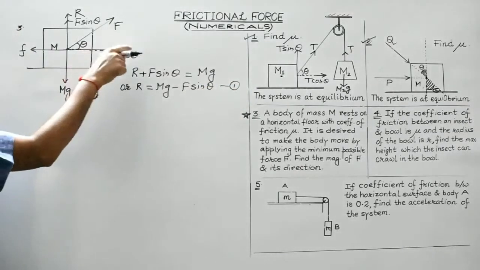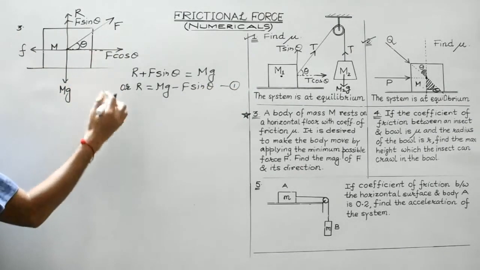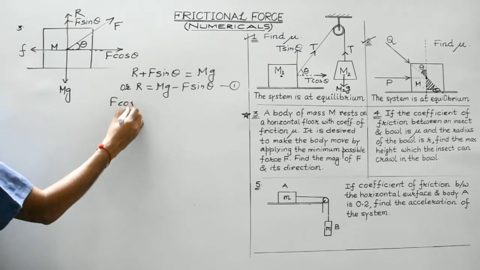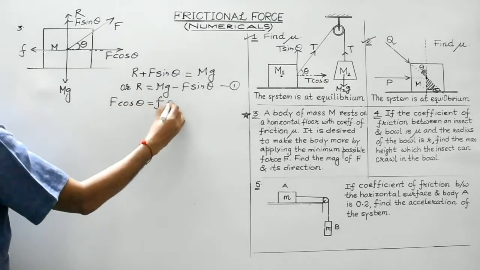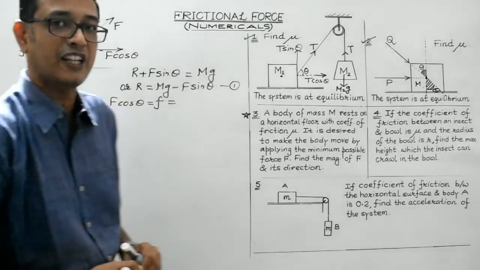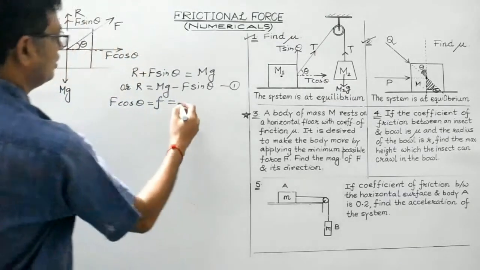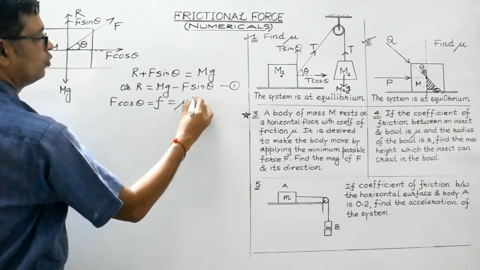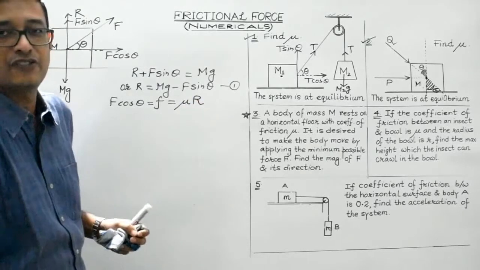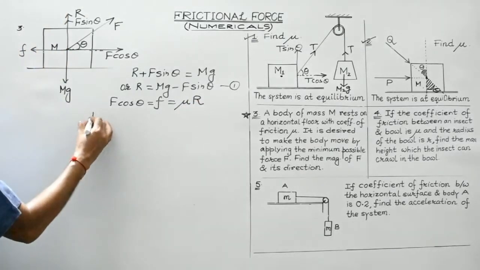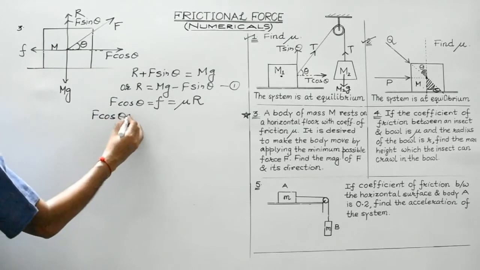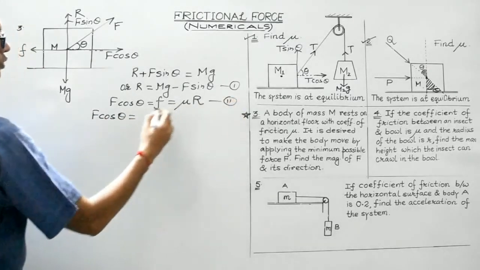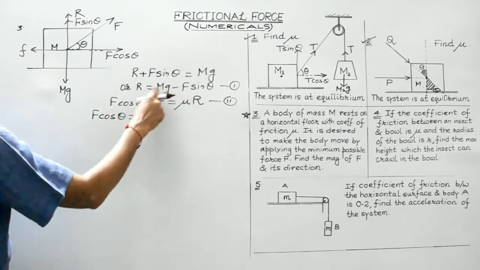Okay, along the horizontal direction, it will be F cos theta is equal to f. Small f is the force of friction, and that we are aware, as per the law of friction, is equal to mu R. Mu is the coefficient of static friction, right? So, substitute this value, put this as equation 2. Mu, substitute this value of R from equation 1.